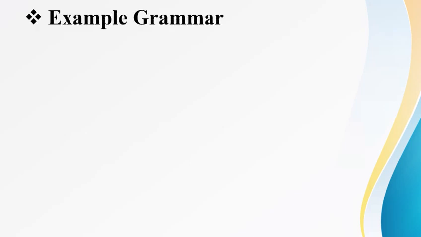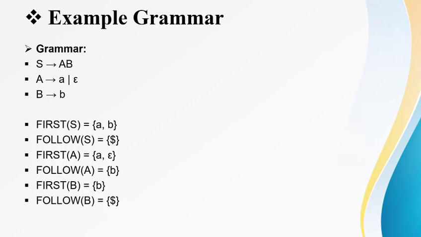Then the next slide is an example of a grammar. Let's apply the rules to this simple grammar. We have S gives AB, A gives a or epsilon, and B gives b. From this, First of S equals a b, because A can be a or epsilon, and then B can be b.